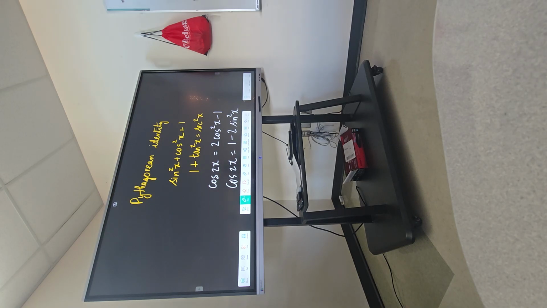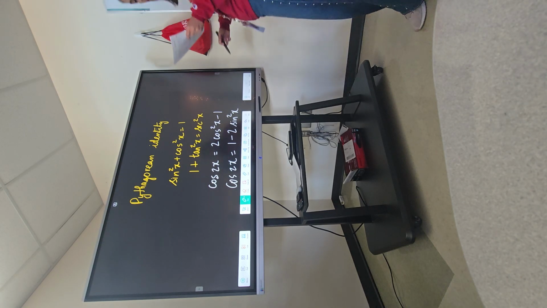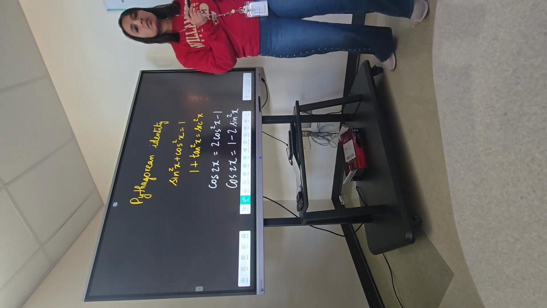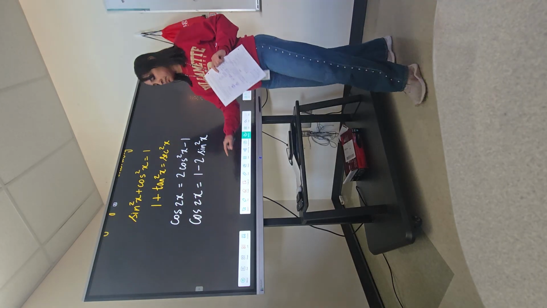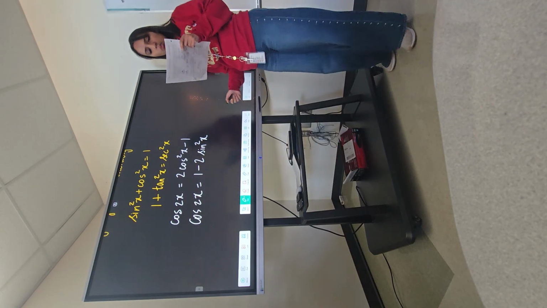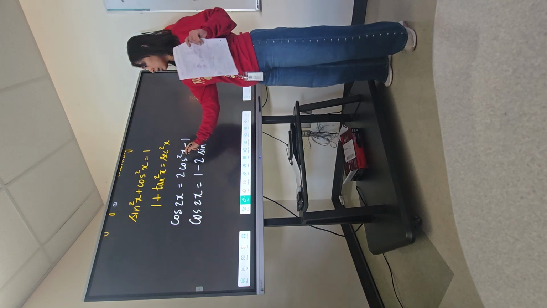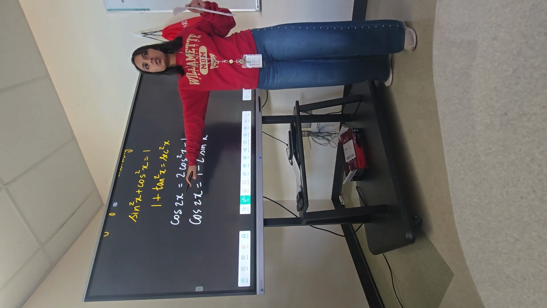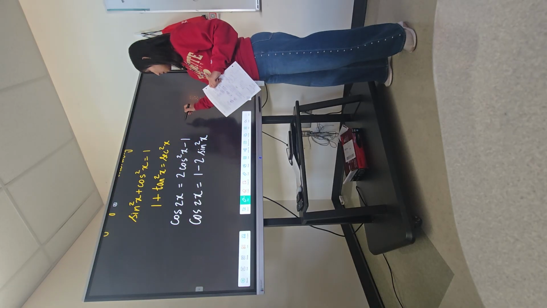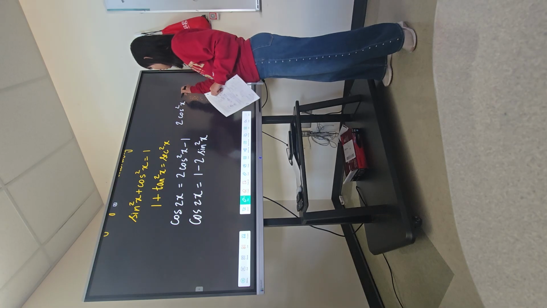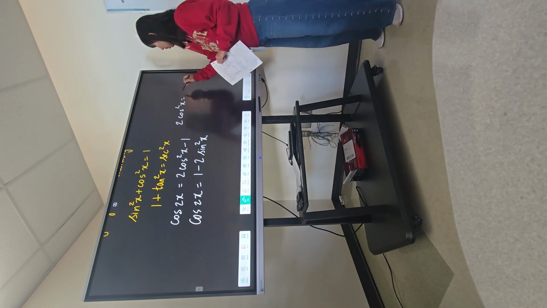Now this identity, if you look at your notes on the rectangle box, is actually manipulated into a different way. That is why you're seeing the cosine squared x being solved for. When you bring the 1 to the other side, you will have 2 cosine squared x. Are you guys following what I'm doing?